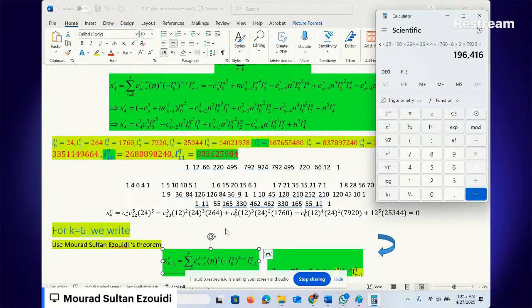Minus 12 squared, 12 cubed, and so on, plus 2, 5, 3, 4, 4.